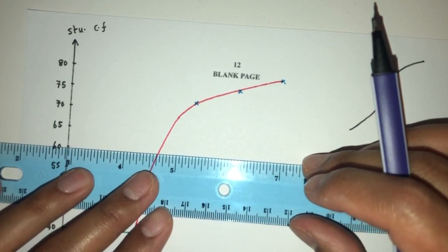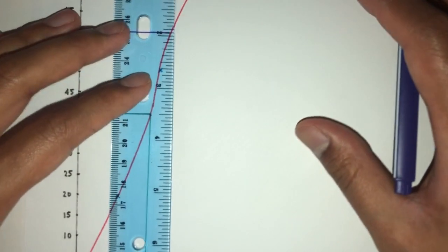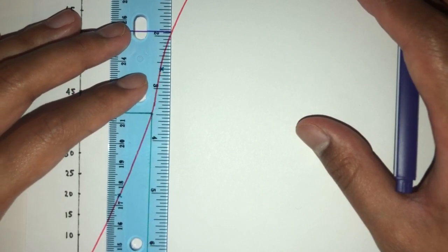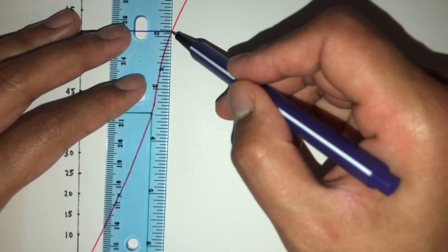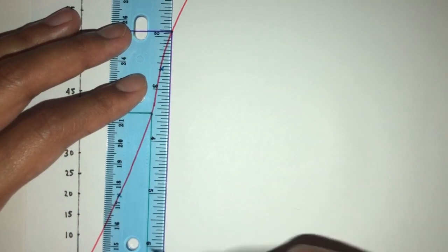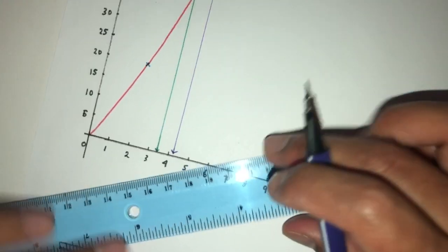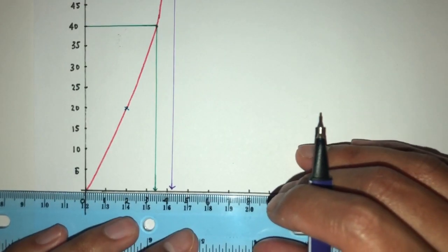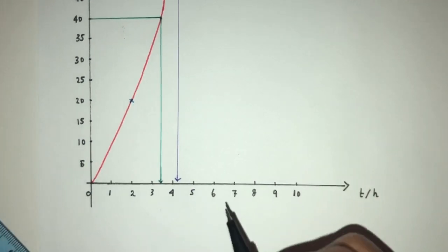Let's draw a line. And then find the corresponding values. Okay, so according to my reading, it should be what? So that'll be 4.2. So 4.2 will be this value right here.